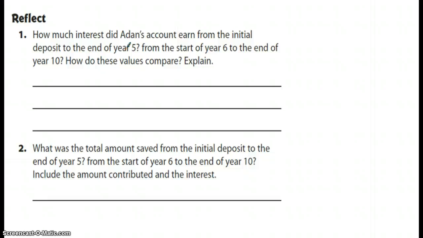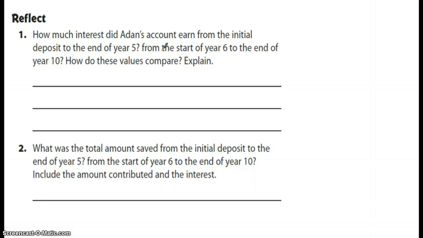Take a look at these two questions. Now we want to find out how much did he actually earn in interest from the initial deposit to the end of 5 years. So you have to go back to your table and look at that, and then also from the start of year 6 to the end of year 10.